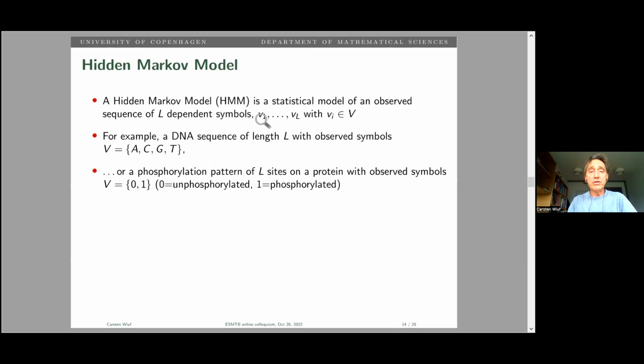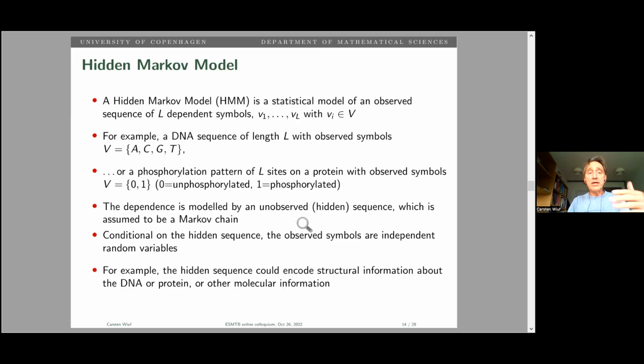So what we observe is L dependent symbols, V1 up to VL, where all the Vi's are elements in some set V. For example, one could imagine a DNA sequence of length L, say length 100, with symbols A, C, G, or T. Or one could imagine a phosphorylation pattern on a protein, for example, L protein phosphorylation sites, and the symbols being 0 or 1, meaning whether the site is phosphorylated or unphosphorylated. So you would have a string of 0s and 1s of size L.